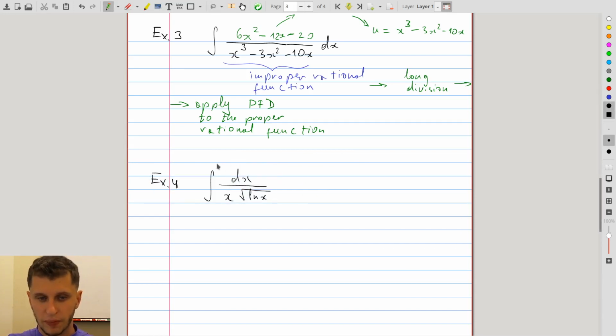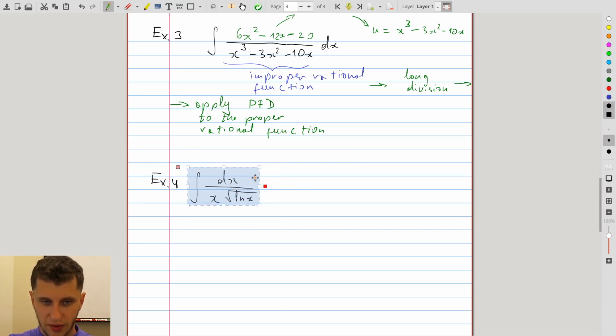Now, in example 4, let us think about this expression here. So first, there is not much here in terms of simplification. Let us think about some easy u subs. So this is an expression that contains a square root.